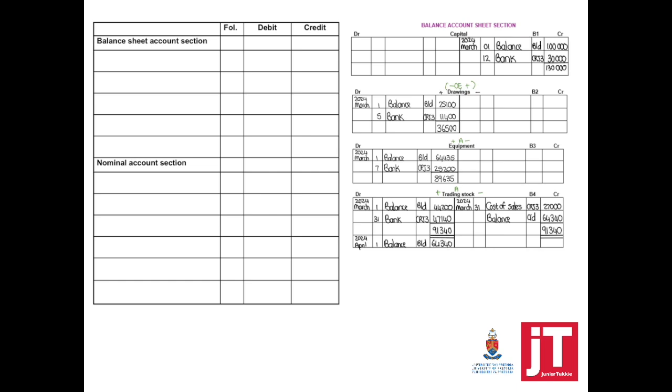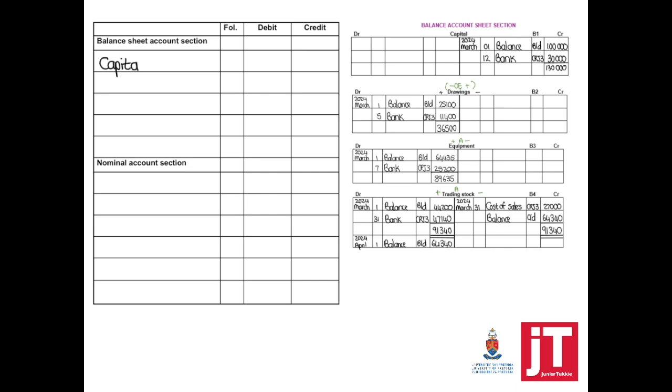Completing now the trial balance. When we complete the trial balance, it is done from the general ledger. So we have to take our new balances that we've calculated in the general ledger. As it appears in the general ledger, it will appear in your trial balance.